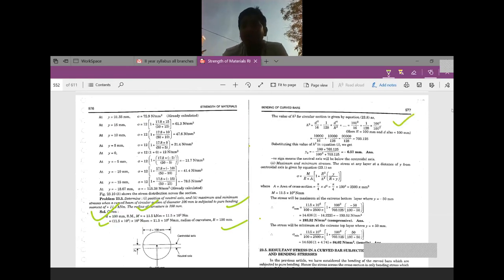After calculating h square, you calculate y naught. Then you calculate the stresses sigma max and sigma min. Whenever you calculate the maximum stress at the extreme bottom layer, you consider y equal to minus 50. Whenever you calculate the minimum stress, you consider y equal to plus 50. Here you will get a compressive stress and a tensile stress.